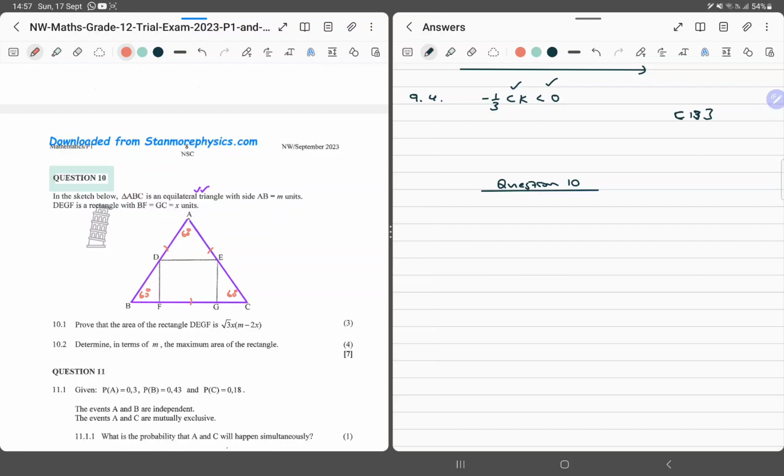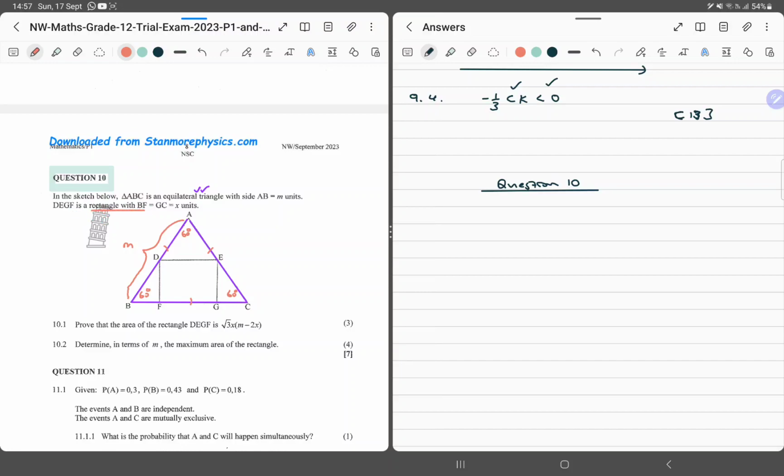It's just 2 questions. Now, we are told here that with a side AB, there is AB, which is equal to m units. So this side is actually m units. Okay, that means all the other sides are m units. Now, DEGF is a rectangle.